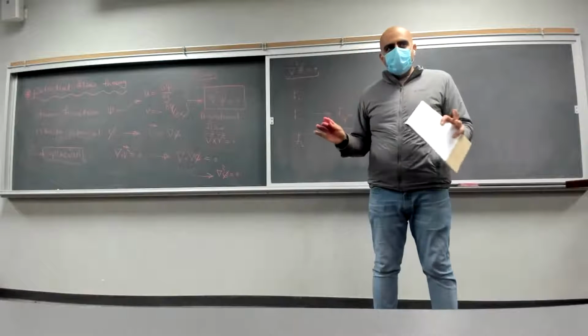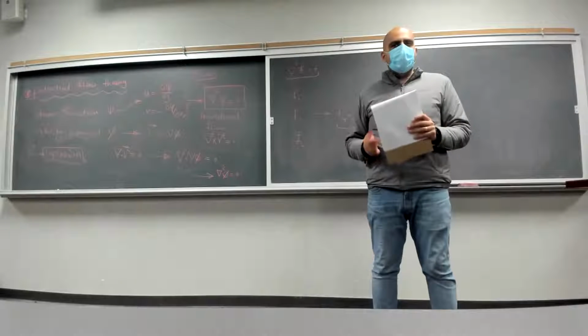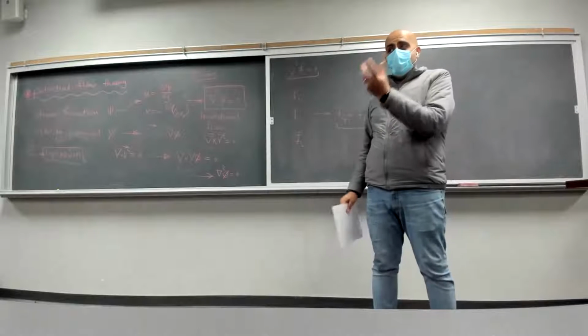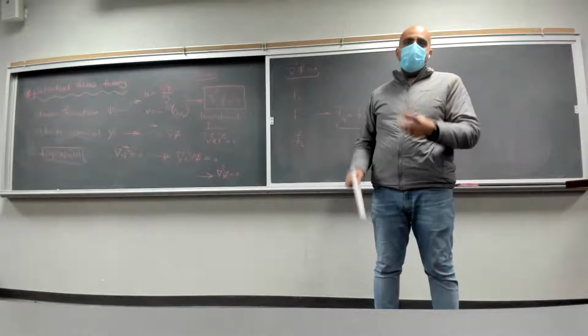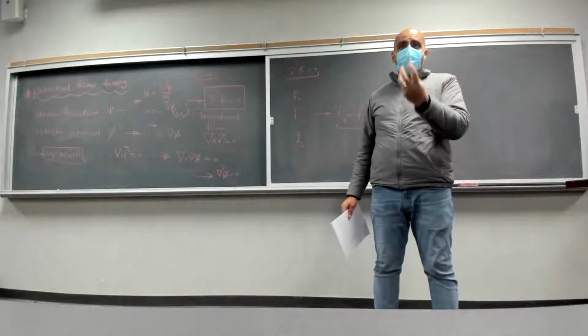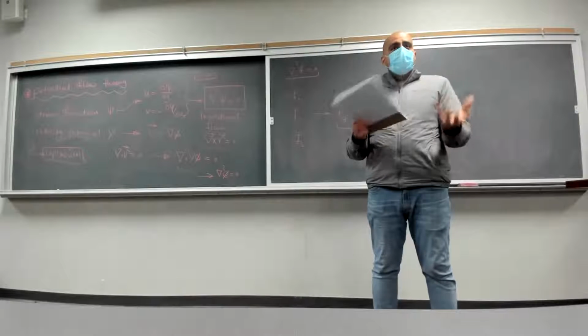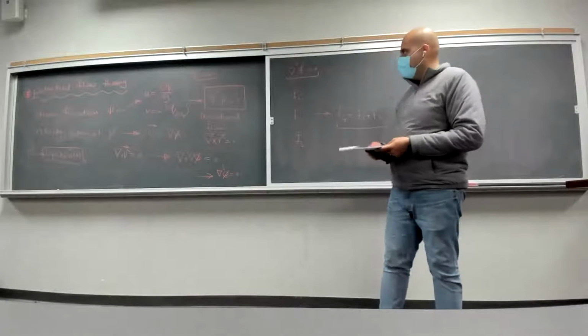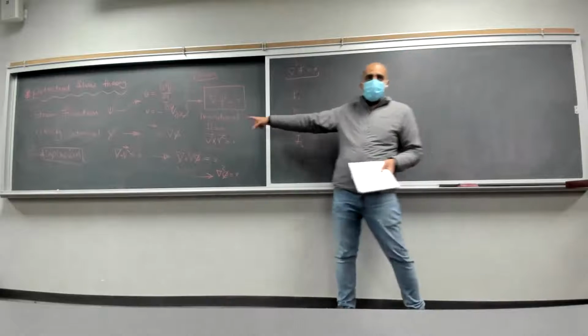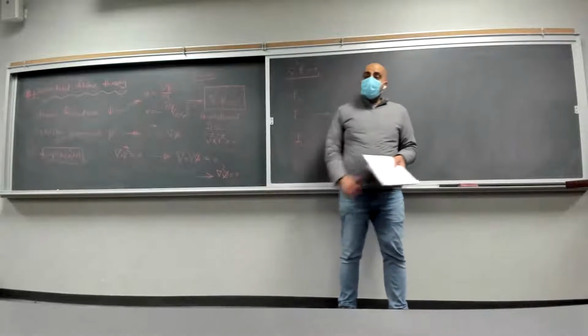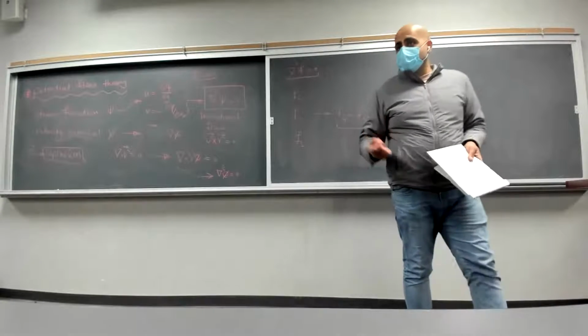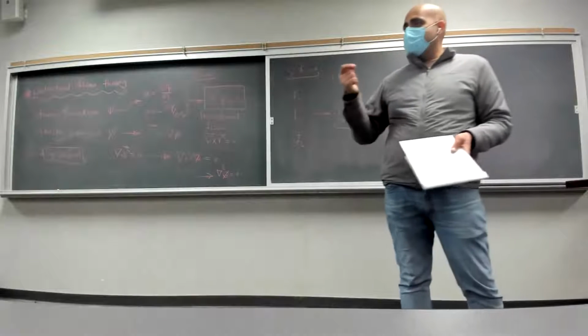When you have the stream functions and velocity potentials for simple flows, you can create a more complex flow by just adding the two. And to find the velocity distribution, you add the two psi's or two phi's, and you can find the velocity distribution for the more complex flow.